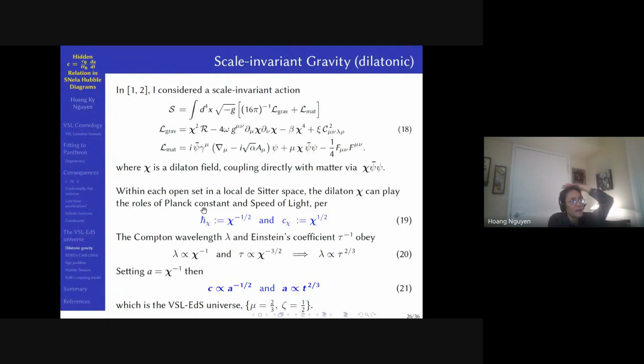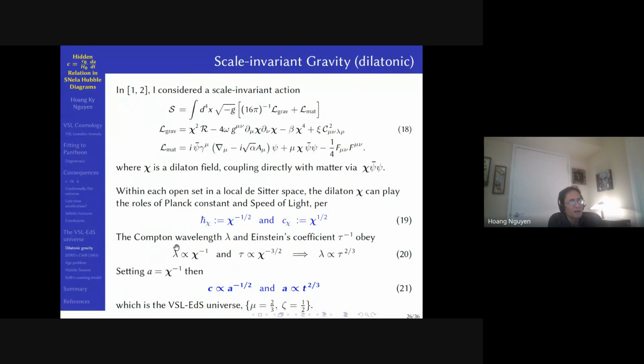And within this concept, you can show that the dilaton field can play the role for both the Planck constant and the speed of light. So the Planck constant and the speed of light now depend on the dilaton. And if the dilaton field varies in space and time, so do the speed of light and the Planck constant.